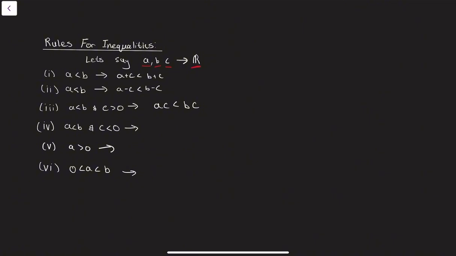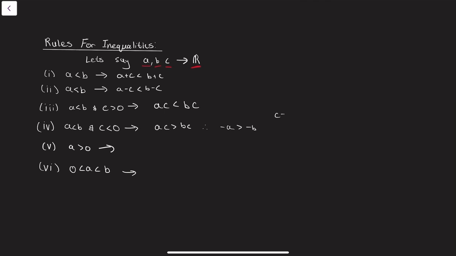This is the first one where we have an inequality change. If we have A less than B and C less than 0, we'd have AC being bigger than BC. And this is because negative A would be bigger than negative B. Let's think of an example quickly.